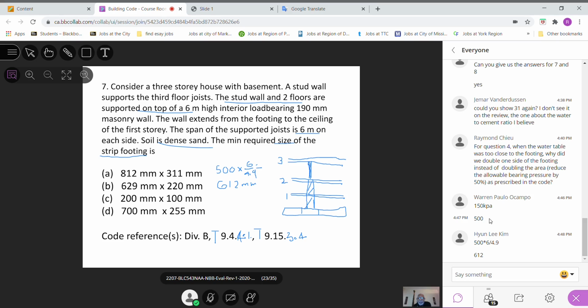However, what else do we have to add? What else do we have to add? Do we have to add anything additional to that width?